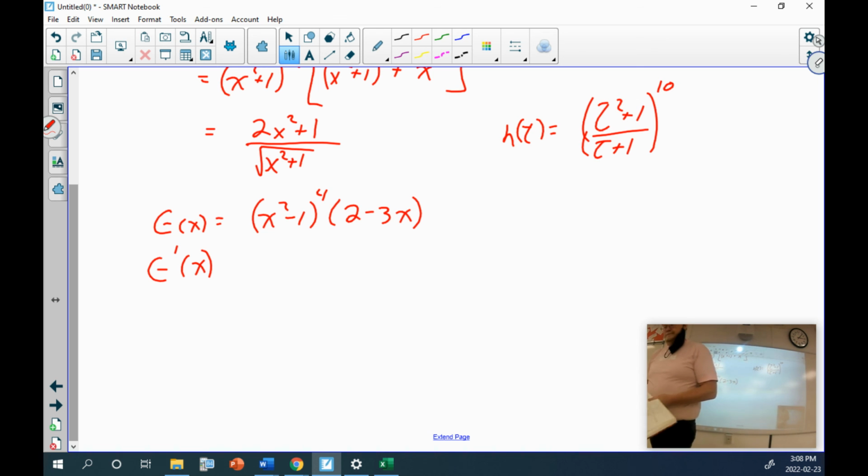Okay? Now, in this situation, it's very similar to the question I did before. We are going to have a product rule, but I have the chain rule that's going to be applied. Sorry, we're going to have the quotient rule, but I'm going to have the chain rule applied first because our outside function is the function being raised to the power of 10.